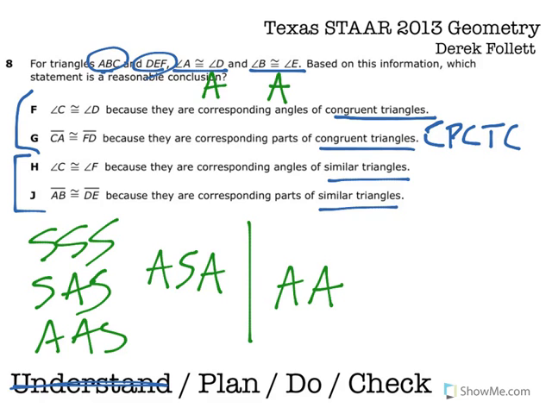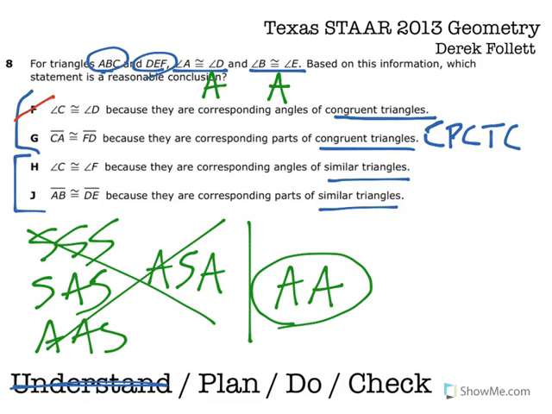So it doesn't work with any of these congruence postulates, but it does work with this one similarity postulate. So I can rule out F and G. So now I just have to think about H and J and what they're saying.